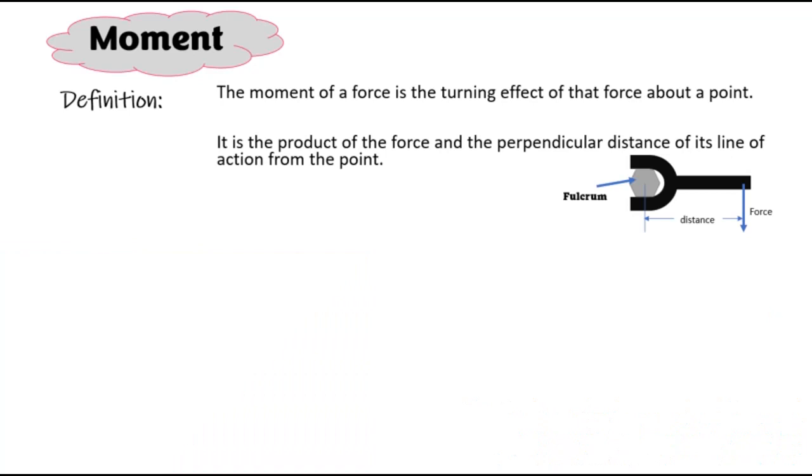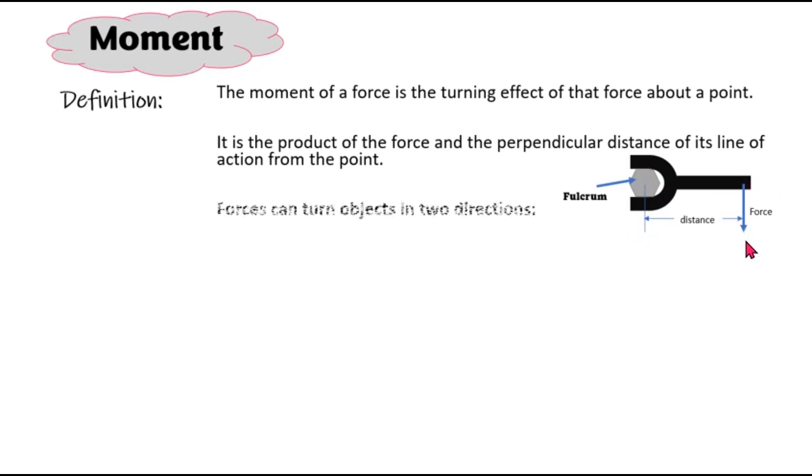Now, when you're measuring the distance of the force, it should be the perpendicular distance from the point, also called the pivot, from the point where the object pivots to the point of application of the force. And so, because in this setup, the pivot is at the center of the bolt, then the distance is measured from the center of the bolt out to where the force is applied.